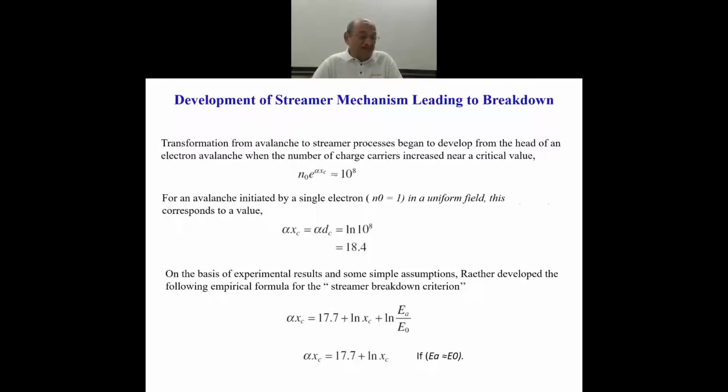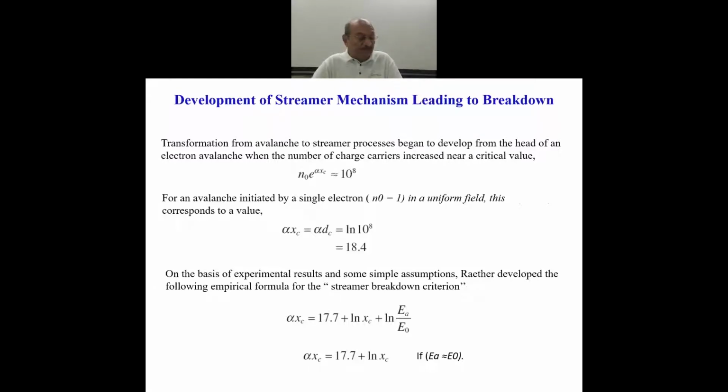This was when people started working at longer gap distances. The time required was much shorter than the time it would have required for an electron to move from cathode to anode with its own drift velocity.